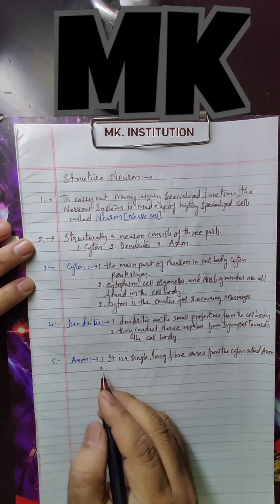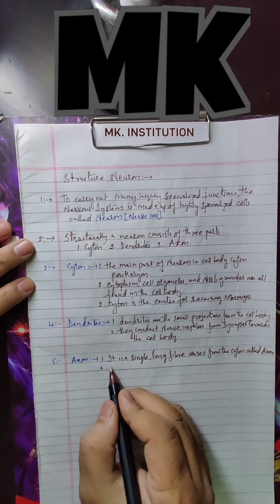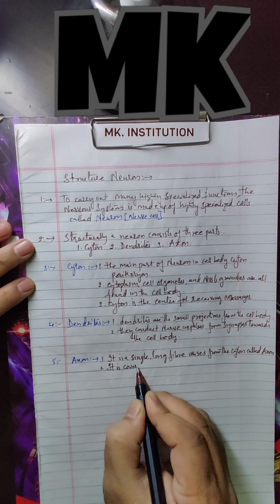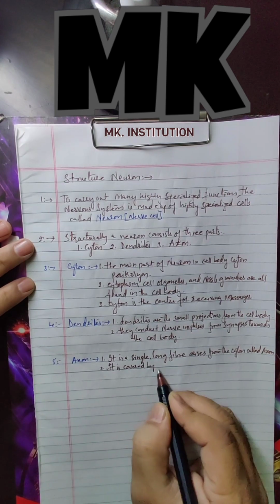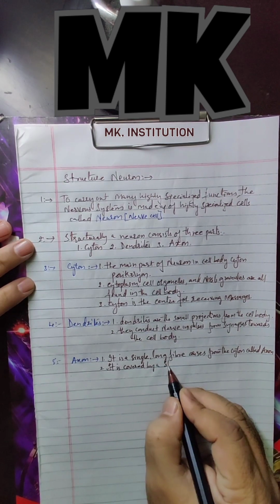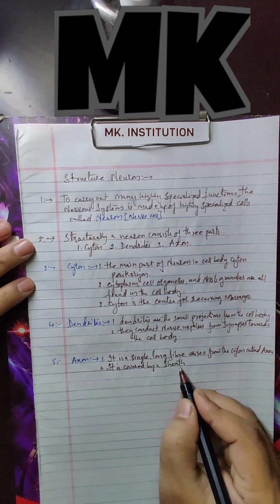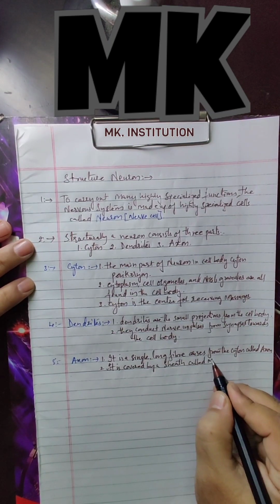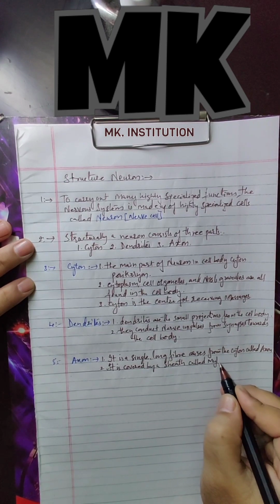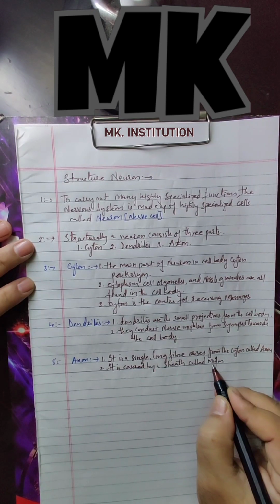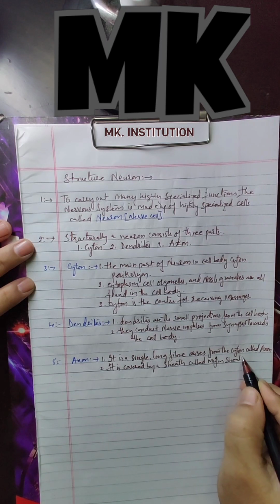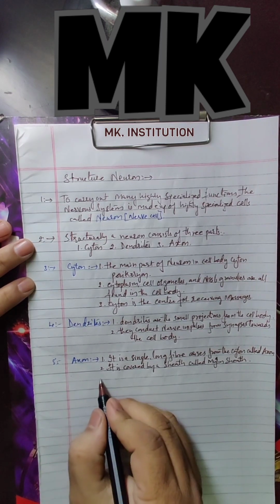It's called axon. Second point you can add, it is covered by a sheath called myelin sheath. Myelin, M-Y-E-L-I-N, okay, covered by myelin sheath.